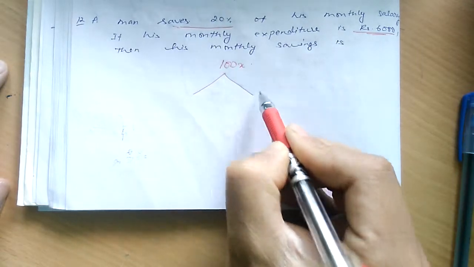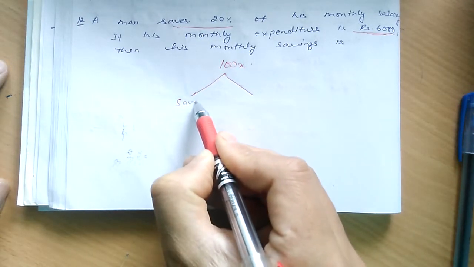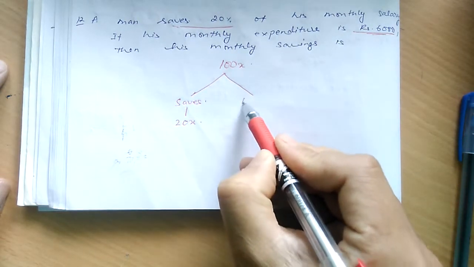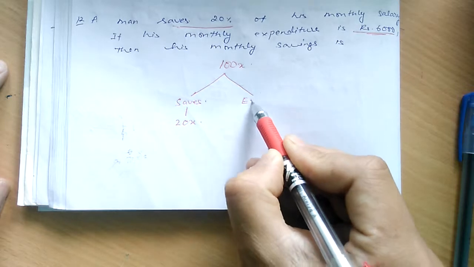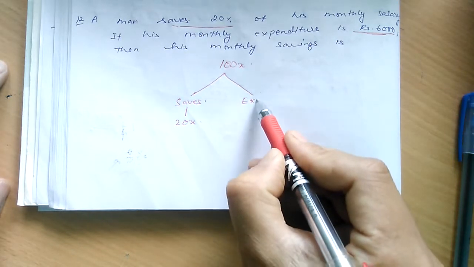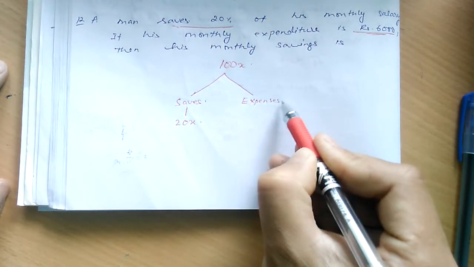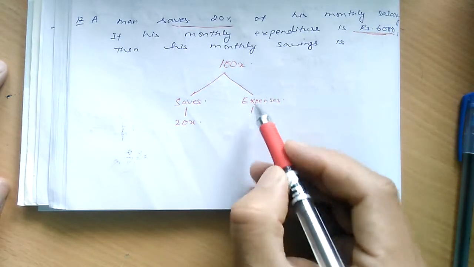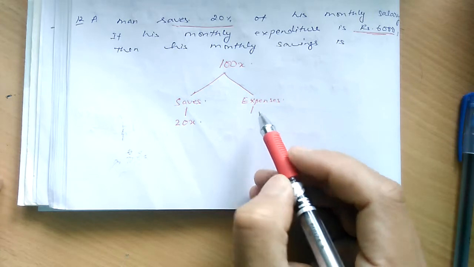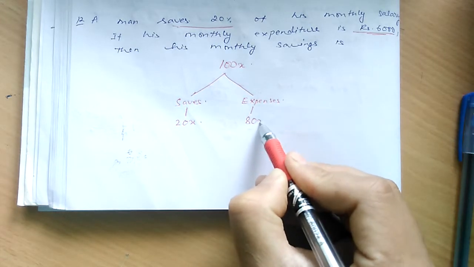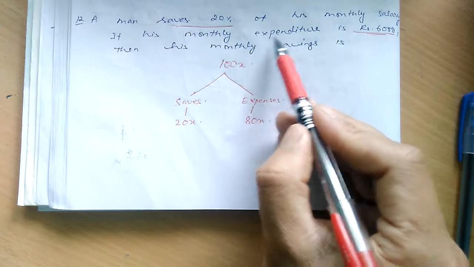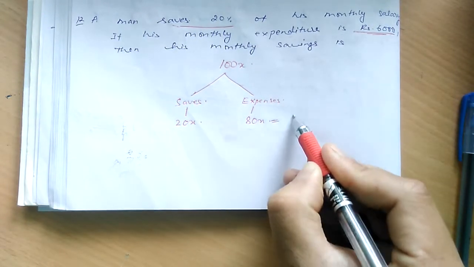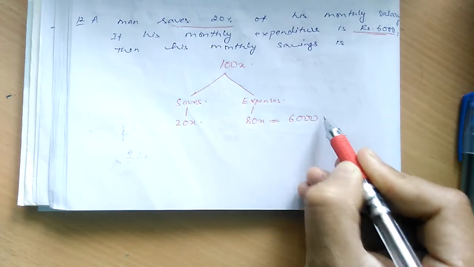Out of 100x, he saves 20%, that is he saves 20x, and the rest is expenditure or expenses. So if he saves 20%, his 80% will be his expenditure, so 80x. According to the question, his monthly expenditure is rupees 6,000. So 80x will be equal to 6,000 rupees.